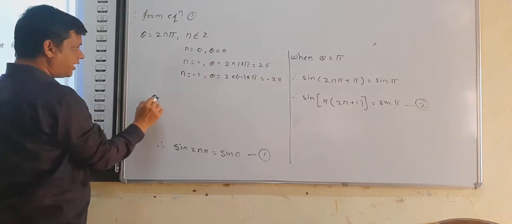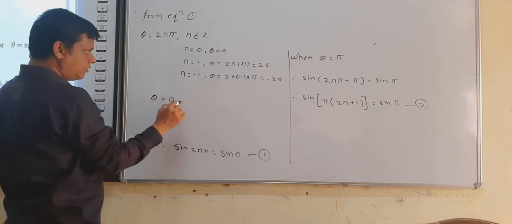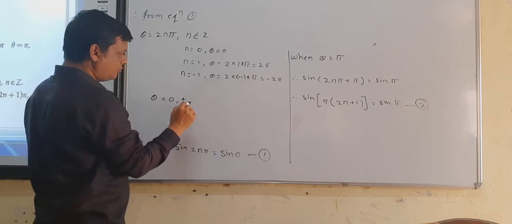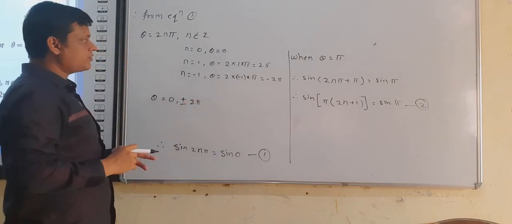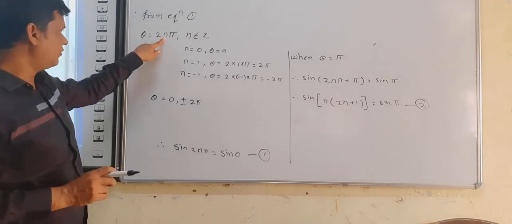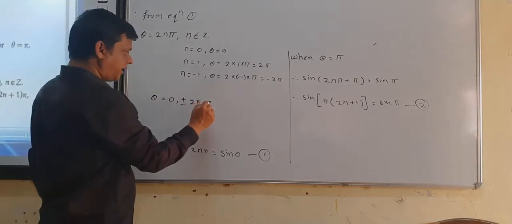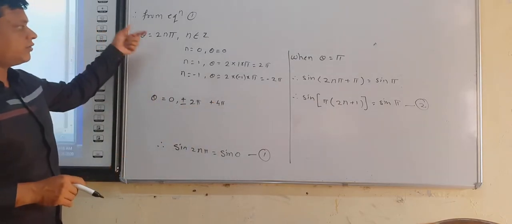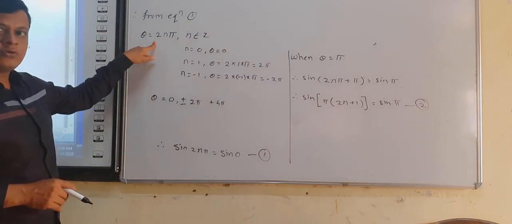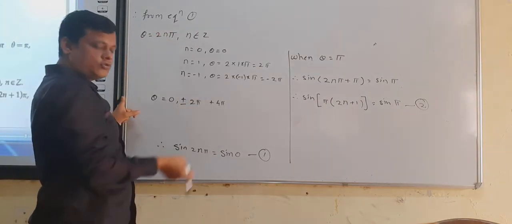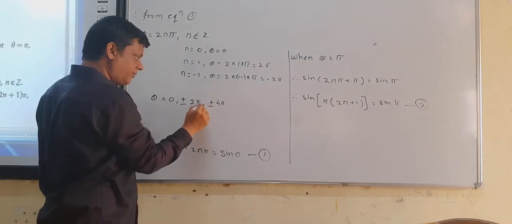Which type of value do we get? Theta equals 0, plus or minus 2 pi. When you substitute n equals 2, 2 into 2 is 4, so we get plus 4 pi. When you substitute n equals minus 2, 2 into 2 is 4, and for n equals minus 2 we get minus, so we write minus.